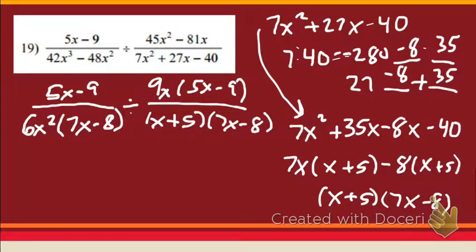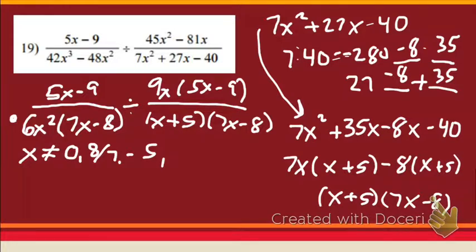Now we're going to flip and multiply and then cancel. But before we do that, we have to take care of our domain restrictions. So the zeros of our denominator, starting with 6x squared right here, would be 0, and then 8/7, then also negative 5, and then 8/7.